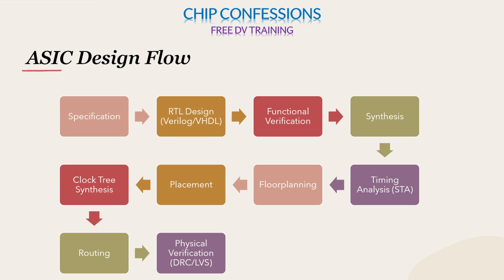So DRC verifies whether the layout we have put follows the manufacturing rules provided by those foundries or fabrication units, for example TSMC or even Intel. Whether the rules are followed or not will be checked by DRC.